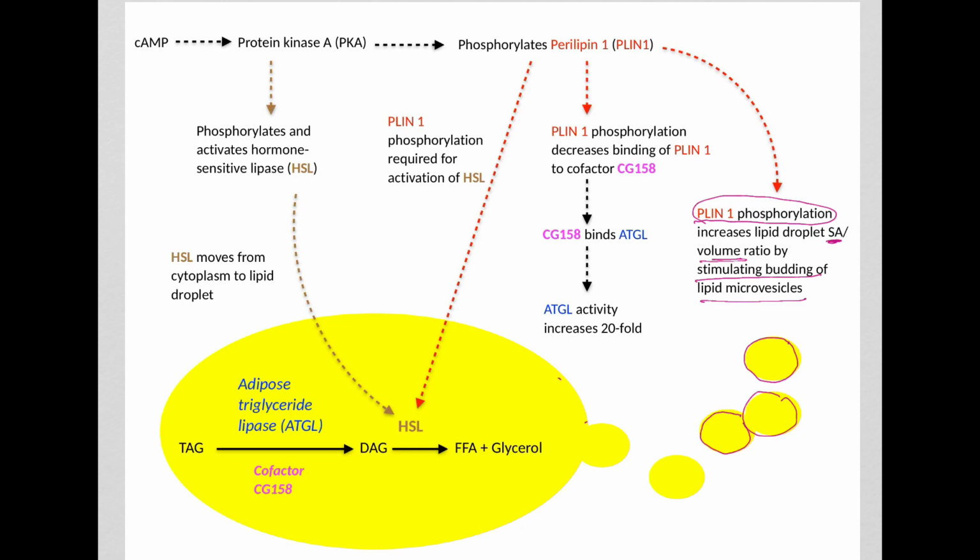So basically this big lipid droplet results in budding, forming smaller and smaller droplets. And since many of these enzymes, HSL and ATGL, work on the surface of these droplets, by having a larger surface area, lipolysis will increase. So that's another way by which phosphorylation of PLIN1, perilipin 1, by protein kinase A leads to increased lipolysis.